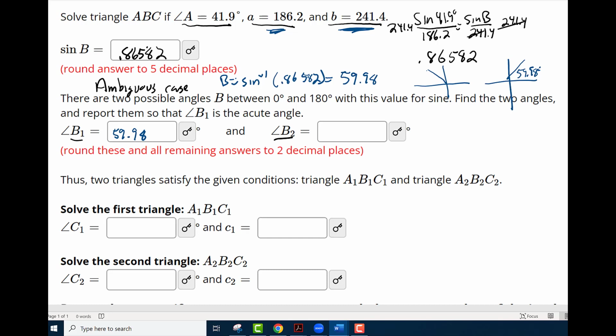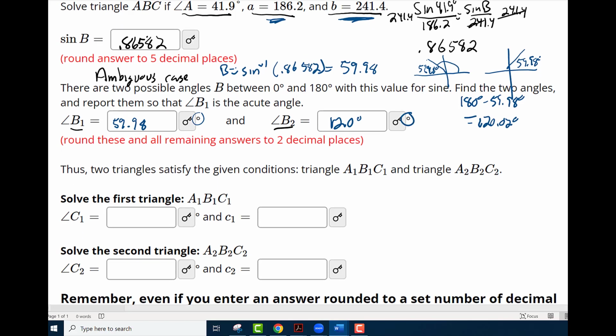So it could be that 59.98 degrees is a reference angle. So we would take 180 degrees minus 59.98 degrees, and we would get 120.02 degrees. So that's the second potential triangle here. So there are 2 potential triangles in this case.